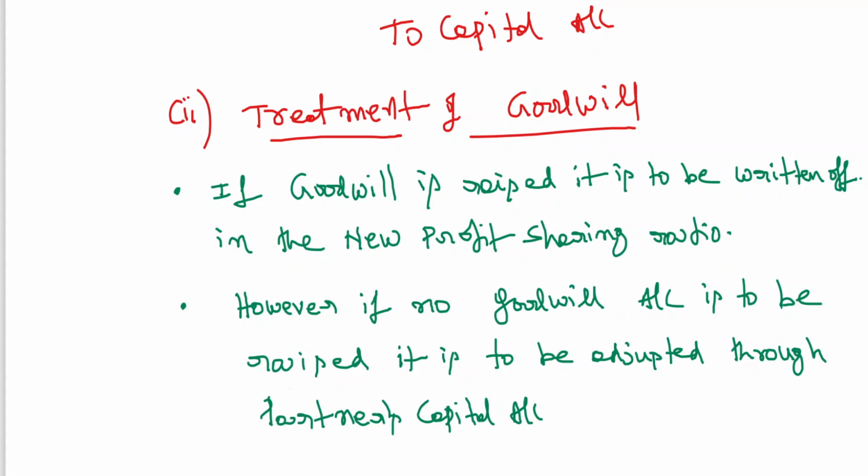That means the gaining partner's capital account is to be debited. This entry you will be writing in the books of the new firm. What is that entry you will be writing?